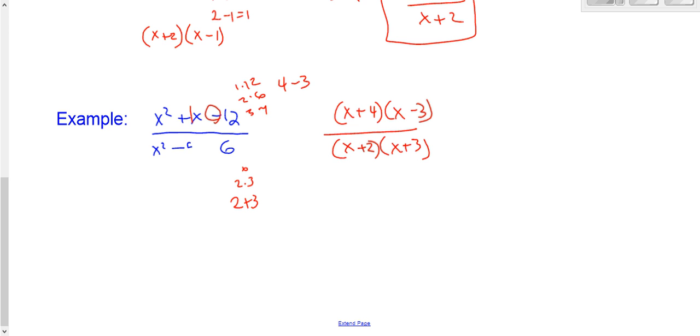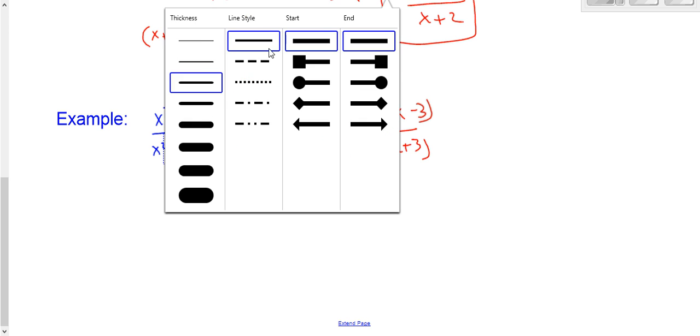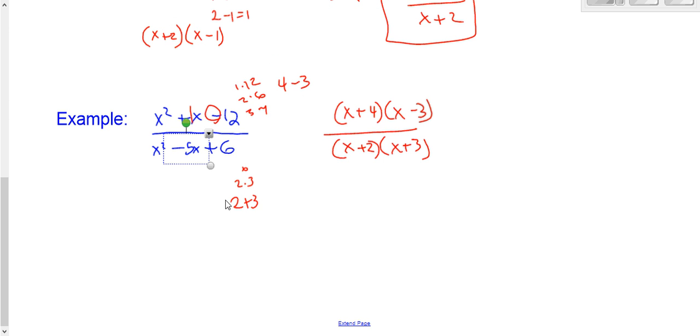So minus 5x plus 6. So we're still going to have the 2 and 3, and they still need to add together, but they need to add together to get a negative 5. So in this case, it's going to be negative 2 plus negative 3, which means over in our factors, we would have x minus 2 and x minus 3.